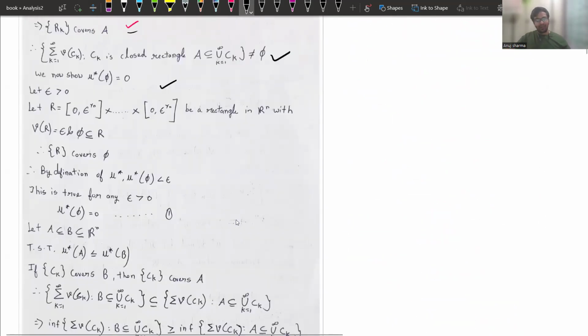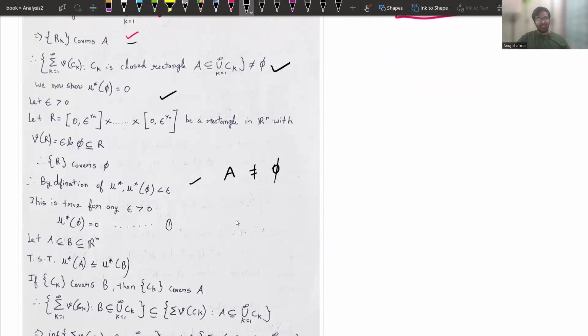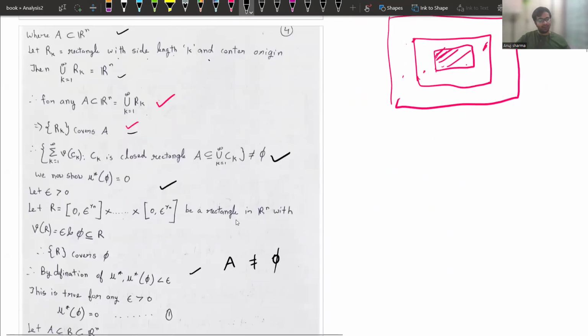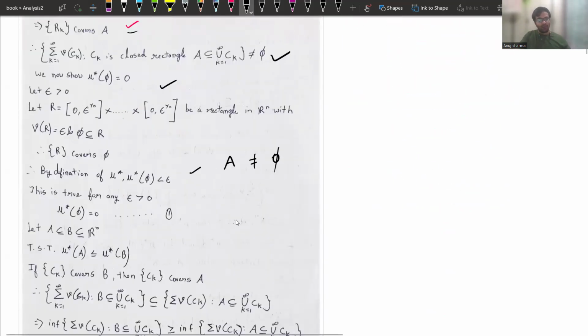So by the measure properties. First, in step one, we proved that A is not a null set. A is not a null set and it has a cover. Next, we would prove that there is a null set.